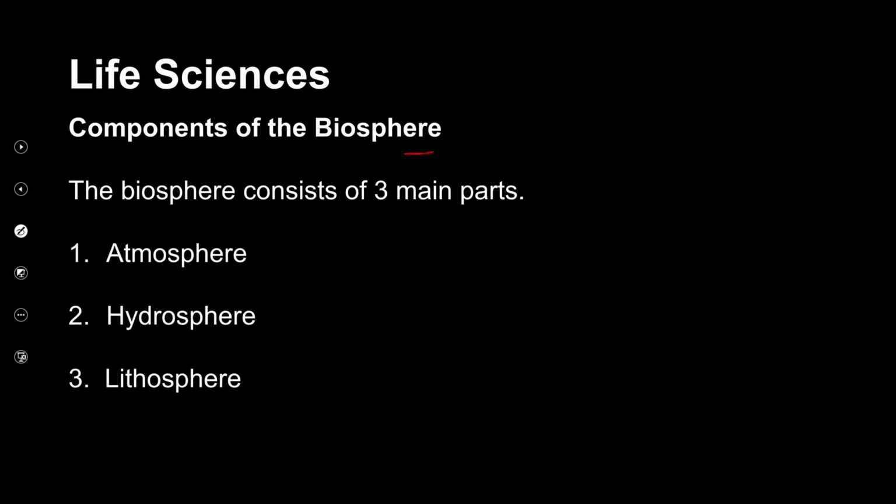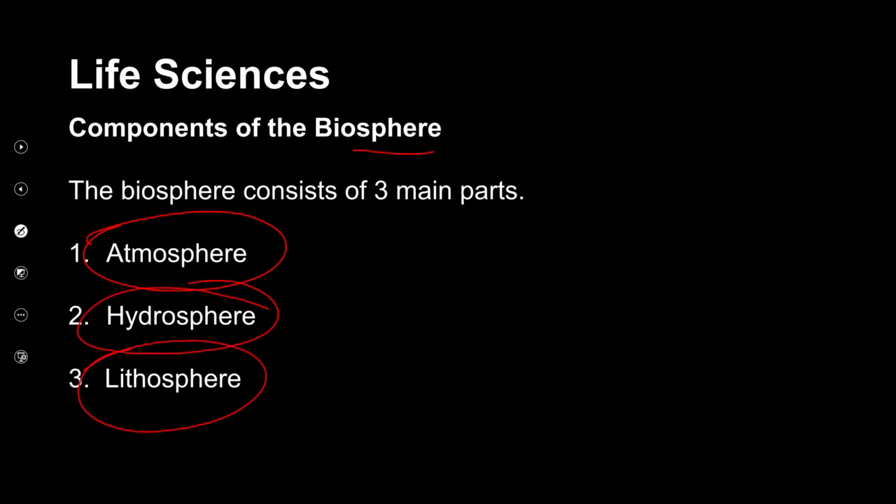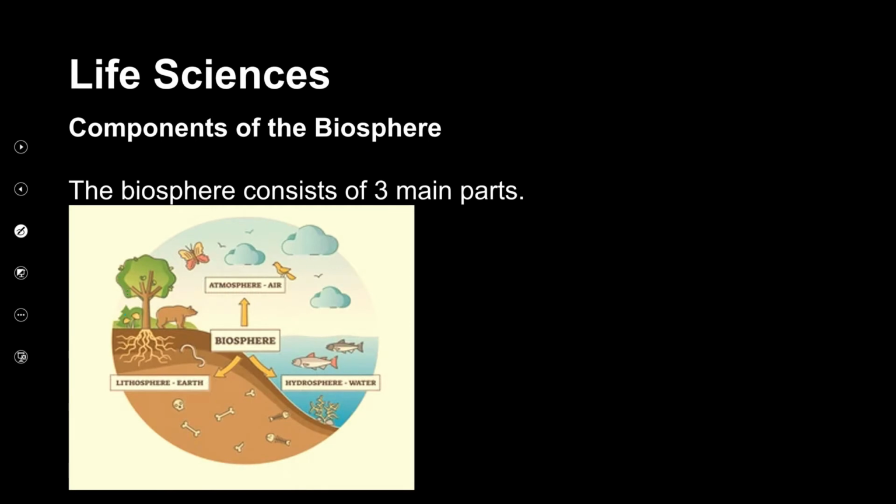The components of the biosphere, as I mentioned, can be divided into the atmosphere, the hydrosphere, and the lithosphere. Let's take each one of these and get the context to what they mean. The biosphere consists of, as you would look at this image, the illustrations of the three parts.